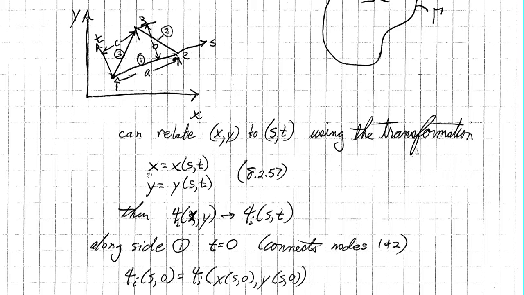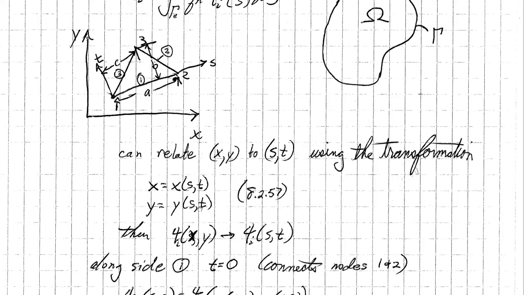So ultimately you have x as a function of s and t, as well as y as a function of s and t. And then you can map these interpolation functions between coordinates. I'm not going through it here. If you reference the book, here's the equation.